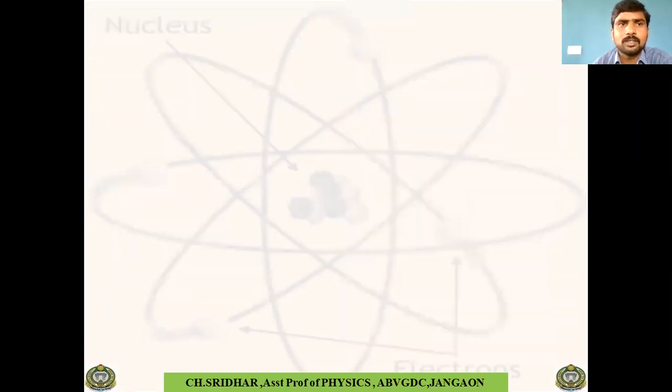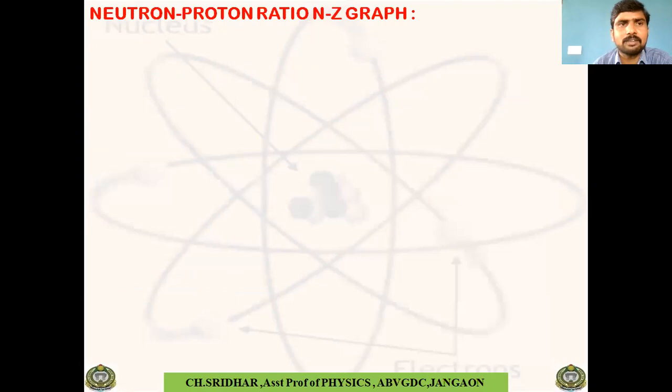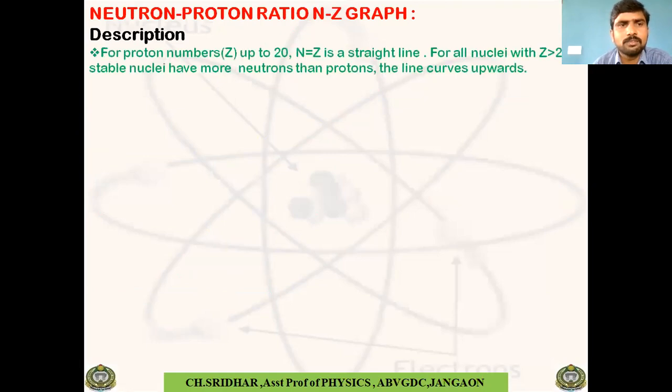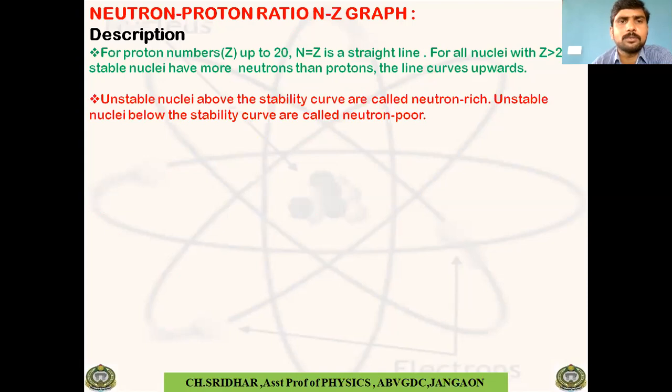The findings of the N-Z graph are: for proton numbers up to 20, N-Z is a straight line, N equals Z. For all nuclei with Z greater than 20, stable nuclei have more neutrons than protons. The line curves upwards. Unstable nuclei above the stability curve are called neutron rich. Unstable nuclei below the stability curve are called neutron poor.